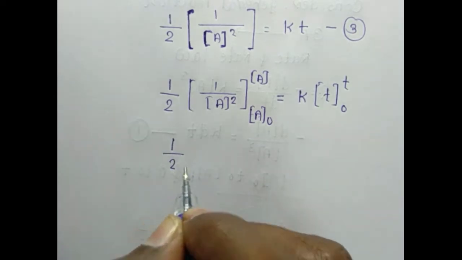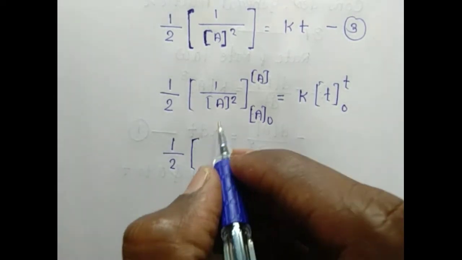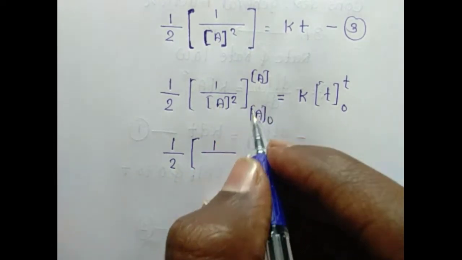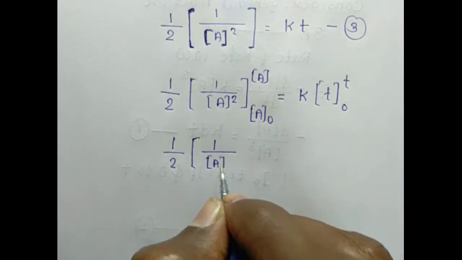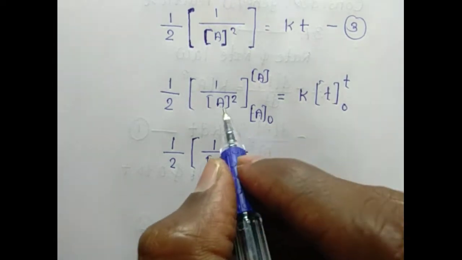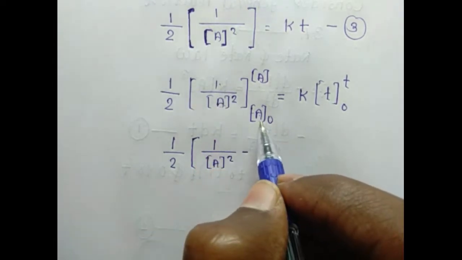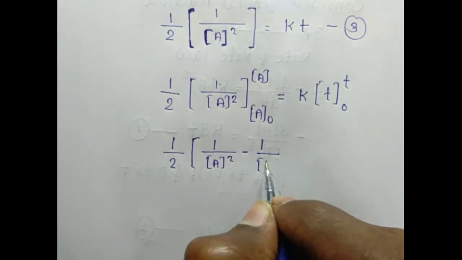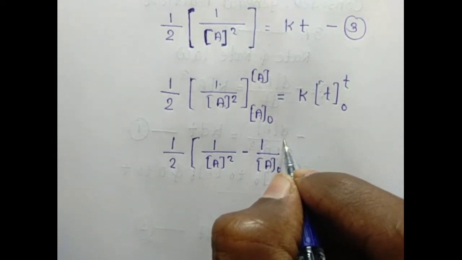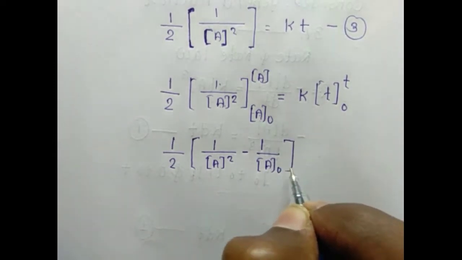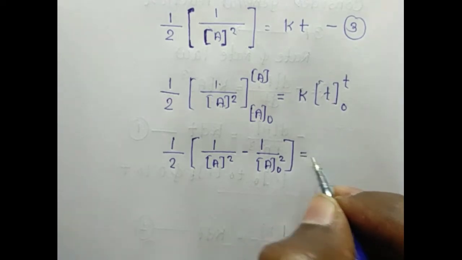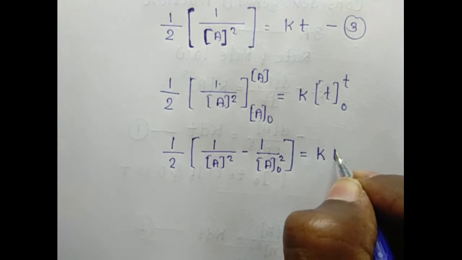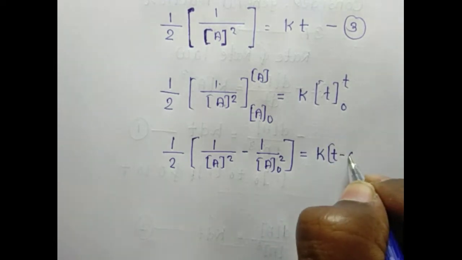Here it is 1 half into 1 upon A square, minus 1 upon A0 square, bracket complete, is equal to K between the limits, t minus 0.